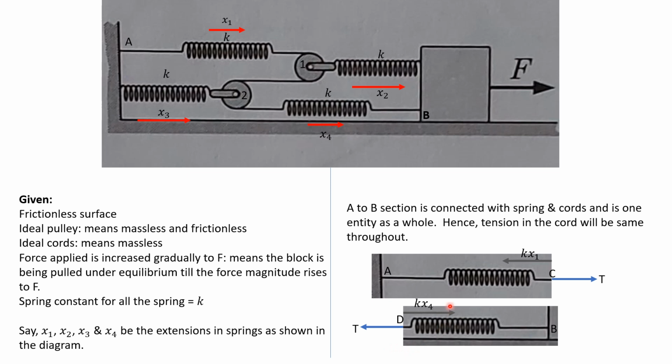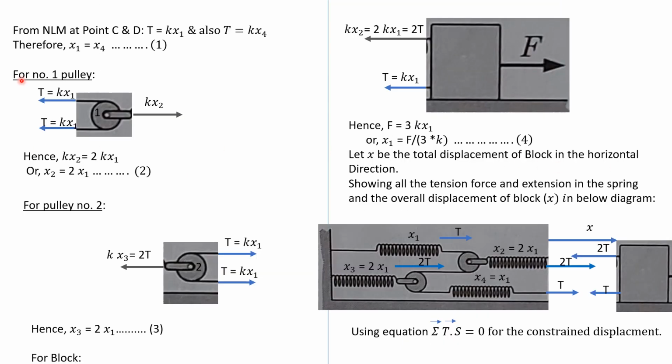So we will write an equation of motion for point D. So T is equal to Kx4. So T is equal to Kx4 is equal to Kx1. That is what we have shown here. So therefore x1 will be equal to x4. So whatever extension has happened in number 1 spring, the same extension will happen in number 4 spring.